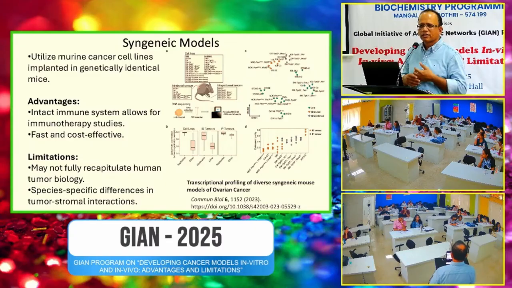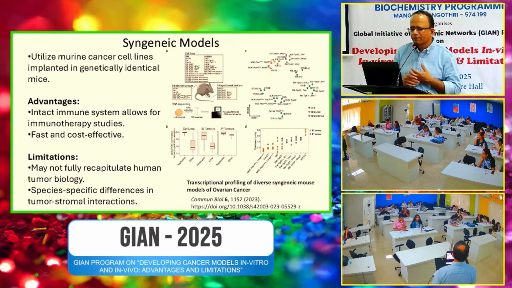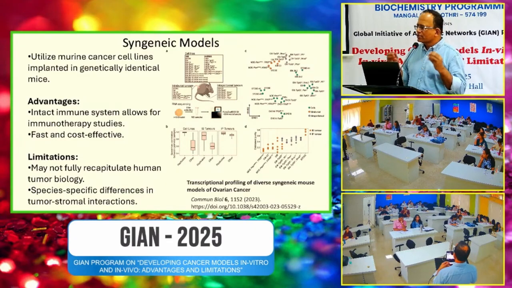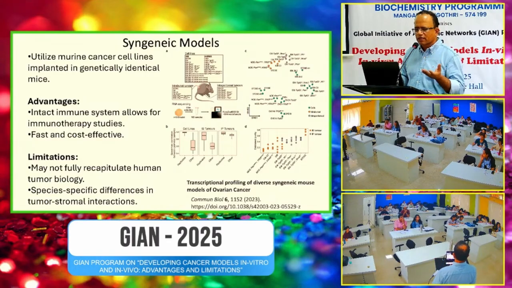When you take the syngeneic models, you take murine cancer cell lines and implant them into genetically identical mice. The advantage is that it has an intact immune system and allows immunotherapy studies. I showed you one of the immunotherapy studies that we did.